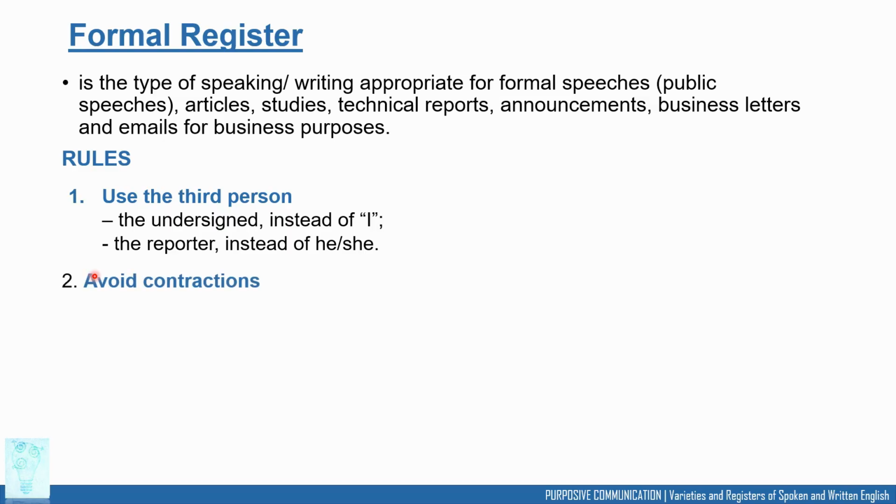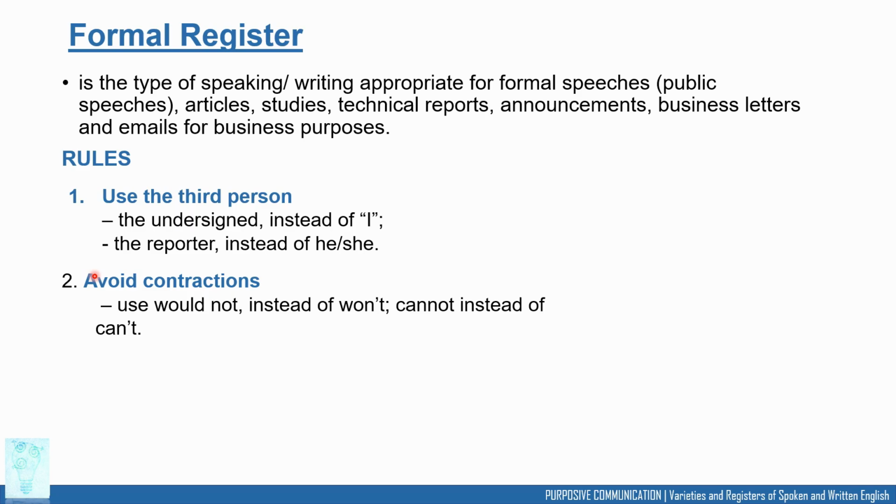Review, when you write something in formal register, review your English 101. Number two, the second rule when you use formal register is avoid contractions. A contraction is a word made by shortening and combining two words.